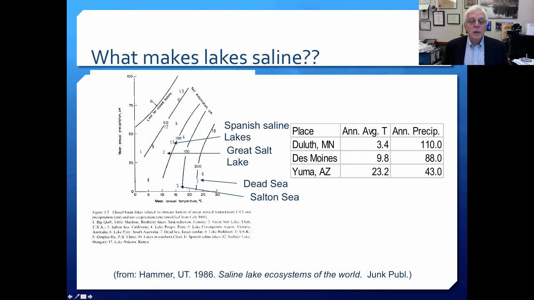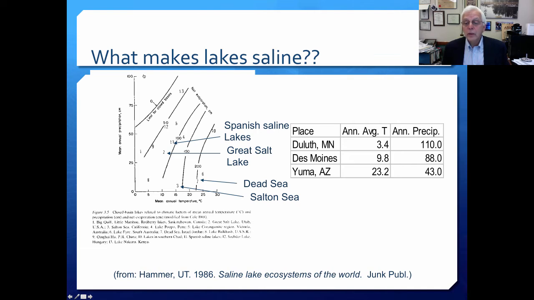And then, of course, lakes up here where it's cool with high precipitation, such as Duluth, Minnesota, 3.4 degrees here, and 110 centimeters of rainfall annually, will tend to have very low salinity.